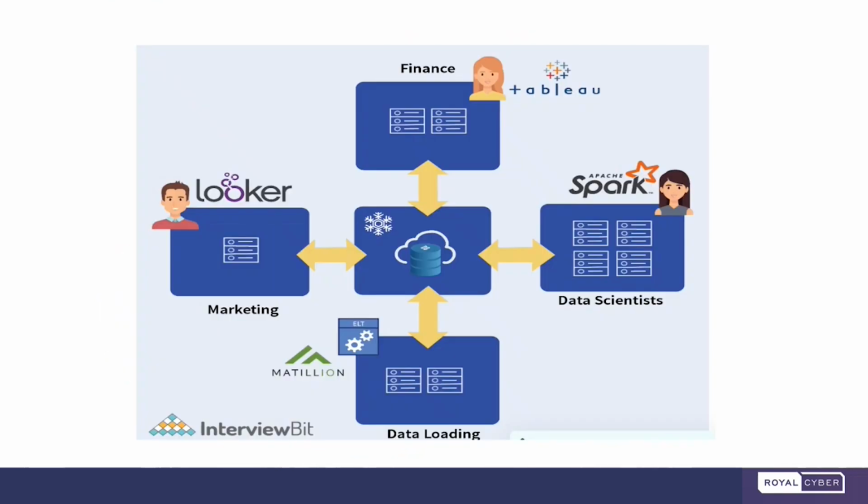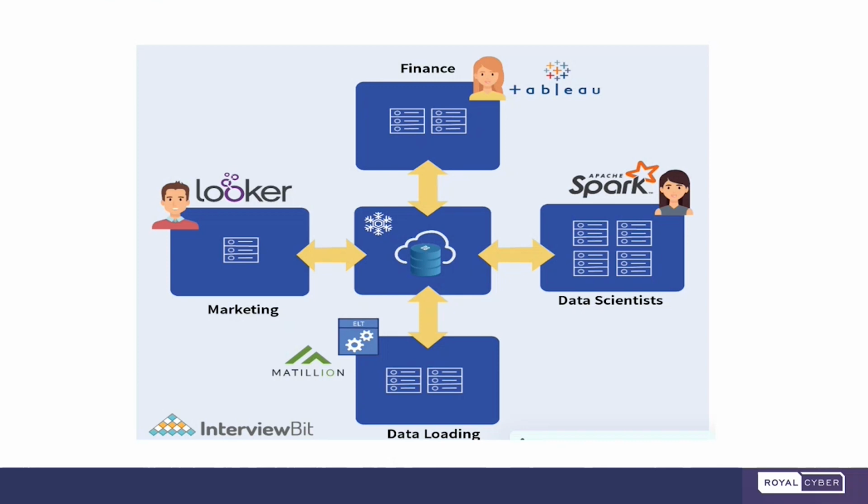Okay, so since I have mentioned that Snowflake provides many services and solutions, let's say that each team or each department has been assigned a virtual warehouse, or let me call it a cluster. For example, data scientists can connect with Spark and do their data processing, and data engineers can connect with Matillion and do their ELT or ETL.